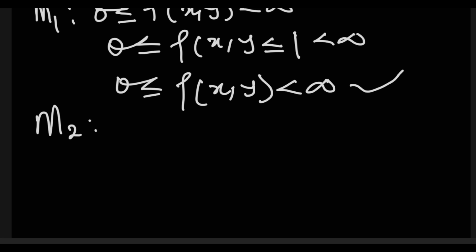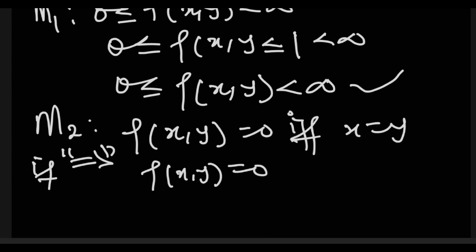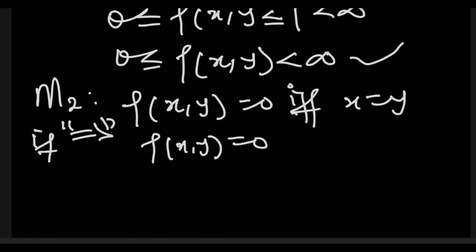Then we need to check the second one. When is rho xy equal to 0? Remember, rho xy equals 0 if and only if x equals y. Whenever you see "if and only if" in mathematics, you have to prove it in 2 ways. For the if part, you move from left to right: if rho xy is equal to 0, then x equals y.